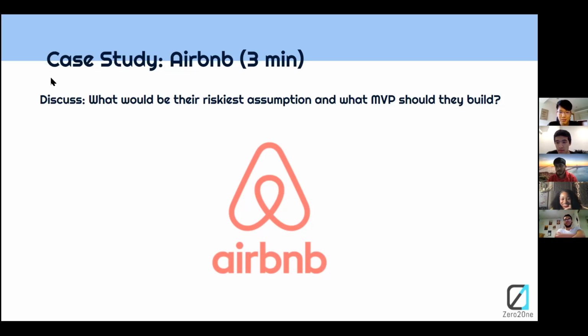Okay. So for our assumption, we were just saying that people will want to stay in other people's homes and that people aren't regularly concerned for their safety, because we usually see that on a daily basis. For our MVP, we said mostly focusing on a specific location at first, like California.